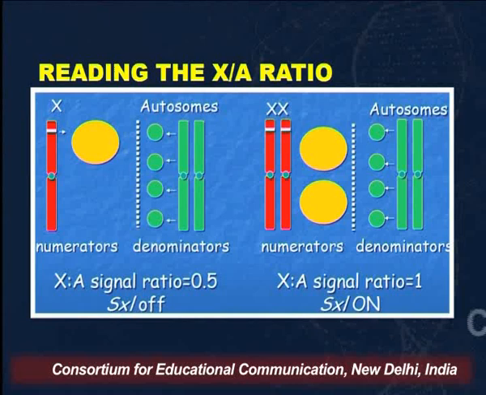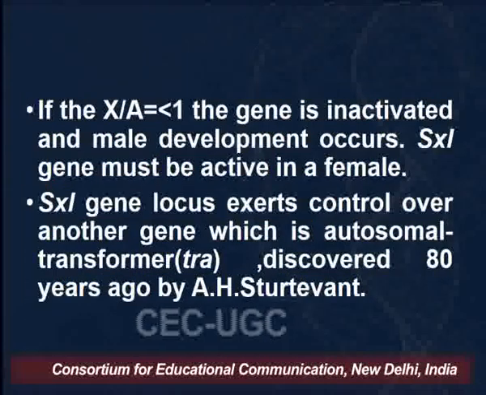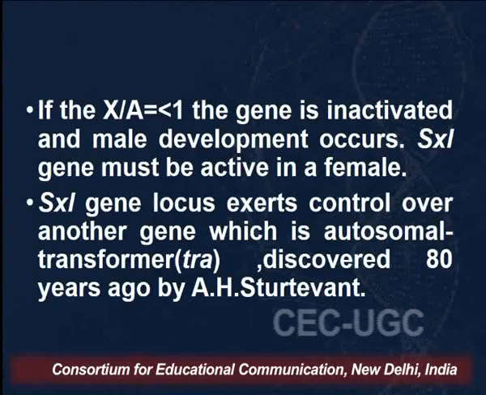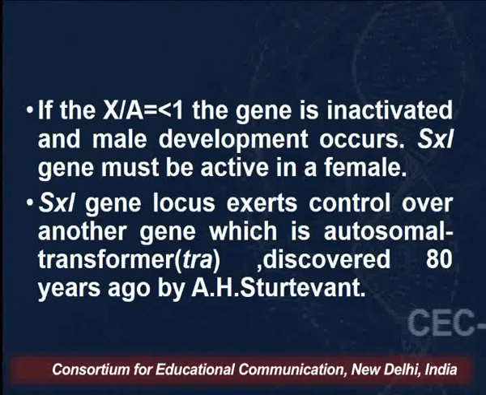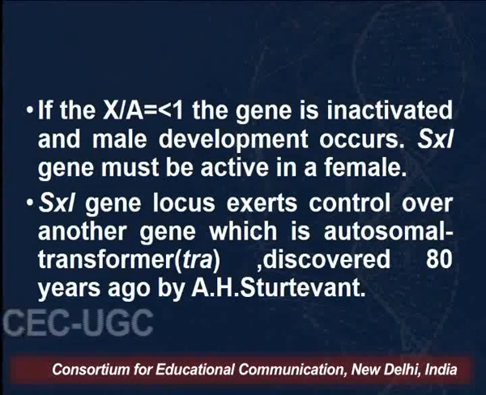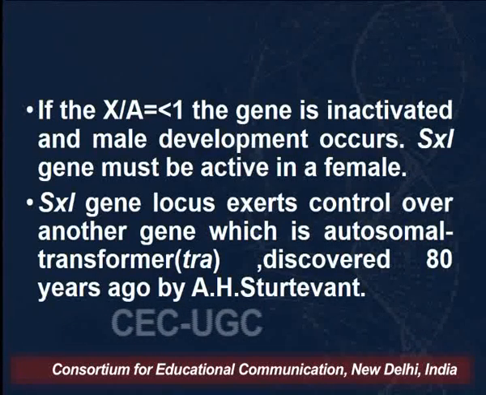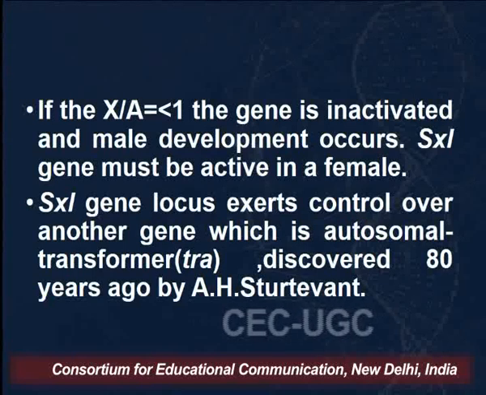If the situation comes where X and A are in the same number, then the signal ratio is 1, which means now the SXL is on and this is going to be a female. So it is the SXL which controls another gene, which is again an autosomal gene. It is called the transformer gene.